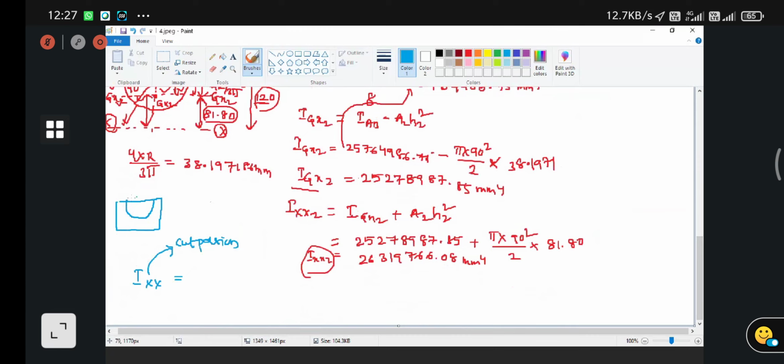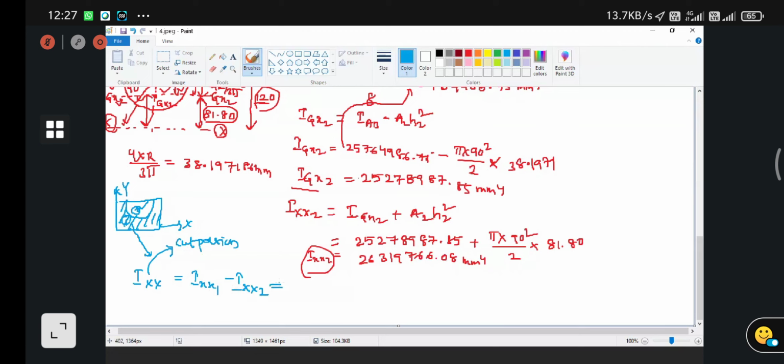So this shaded portion moment of inertia I am going to find out. So x is the base and y is vertical. From this one we are going to subtract this one. So this is the second one, this is the total first one. So this is my moment of inertia, that is Ixx1 minus Ixx2.